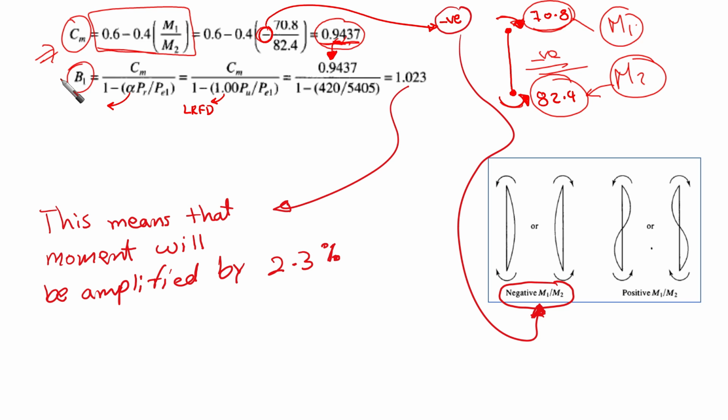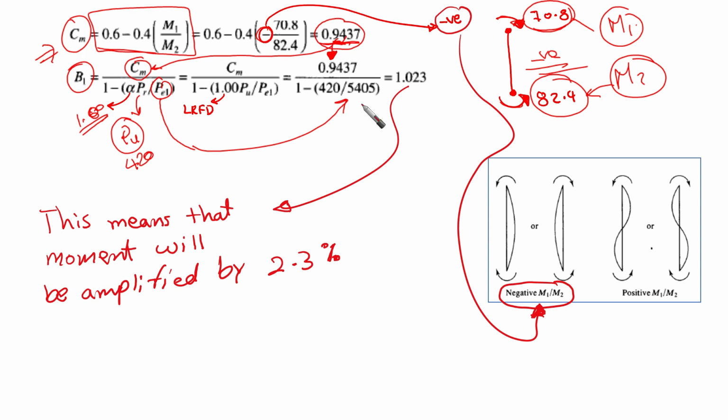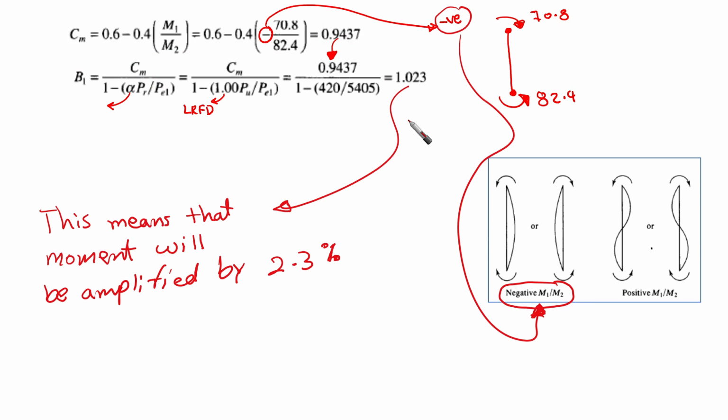So B1 in this case would equal Cm, calculated before, alpha, which is going to be 1.0 if we're talking about LRFD, Pr, which is going to be our Pu because we are talking about LRFD, right, which is 420, already calculated before, and Pe1, already calculated in the previous step, which is 5,000 something, right? That's it. So we can obtain B1 now. Look here, this is B1, 1.023. What is the meaning of this?